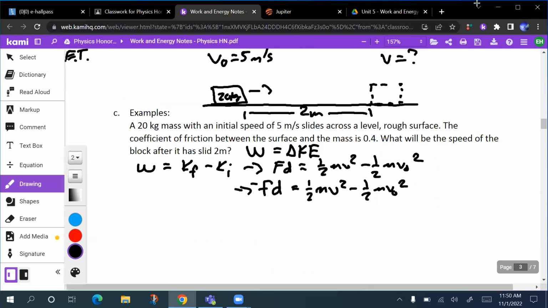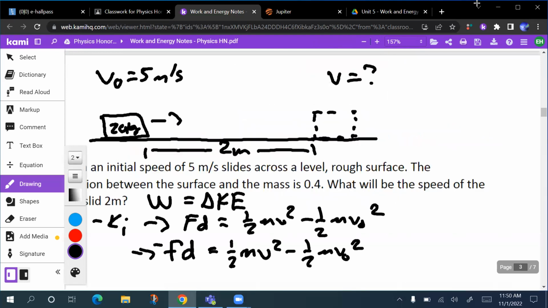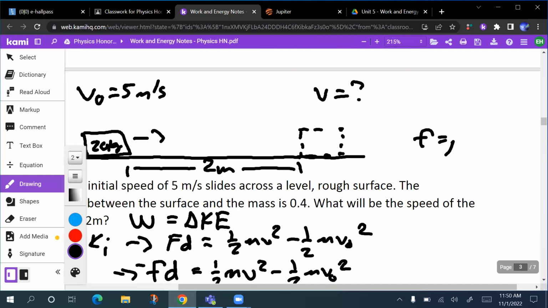Okay, and now that we have things mostly in place, we don't have things entirely in place because we need to put in the value for friction. Remind yourself, friction is equal to mu times normal force, and normal force in this case is going to balance the weight, so it's mu m g.